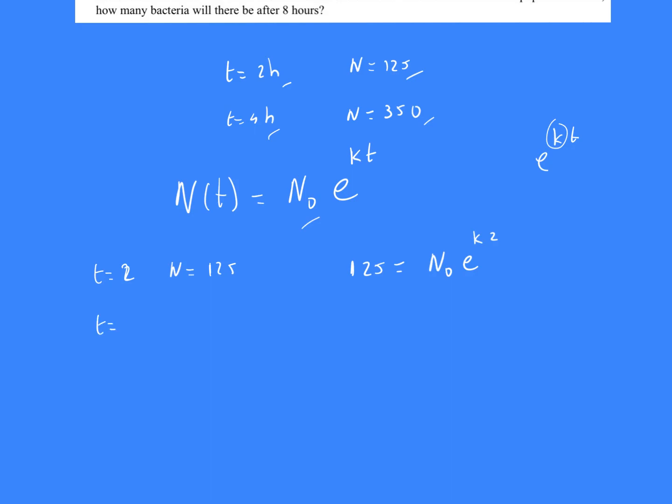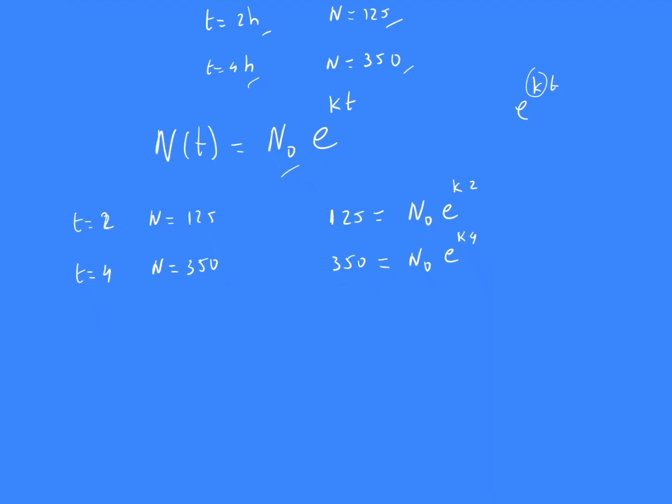The other equation is that when t equals 4, N is 350. So this will allow me to write 350 equals N0 e to the k times 4. And k is per hour. It's a number per hour. So if I divide one equation by the other, let's say I divide equation 2 by equation 1, it will be 350 divided by 125.